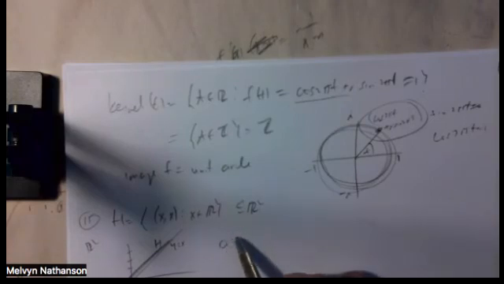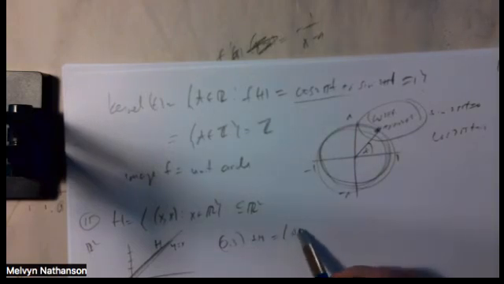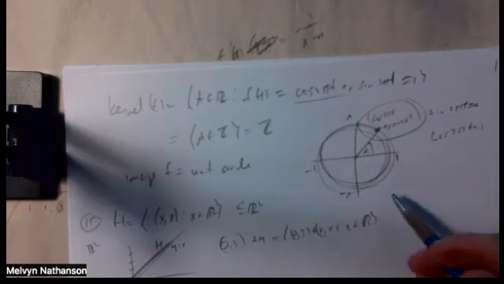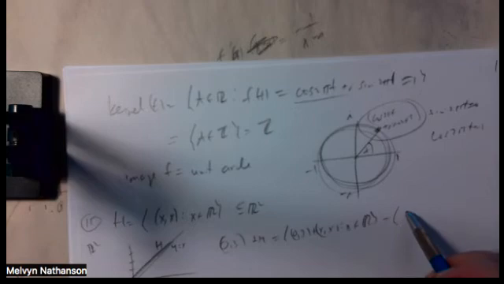(0, 3) plus H is just the set of all elements of the form (0, 3) plus (x, x), which is everything in the form (x, x + 3).